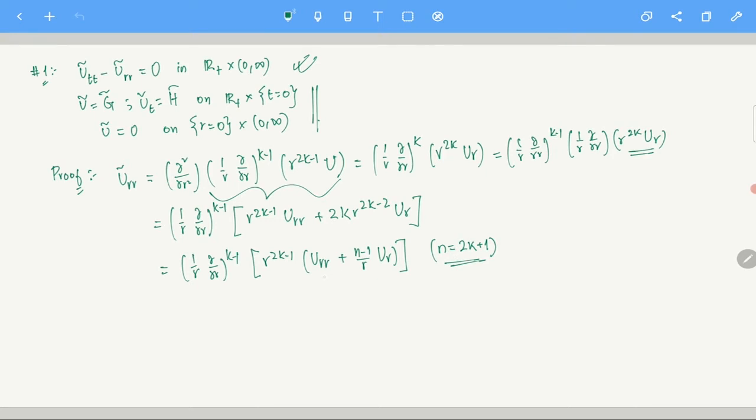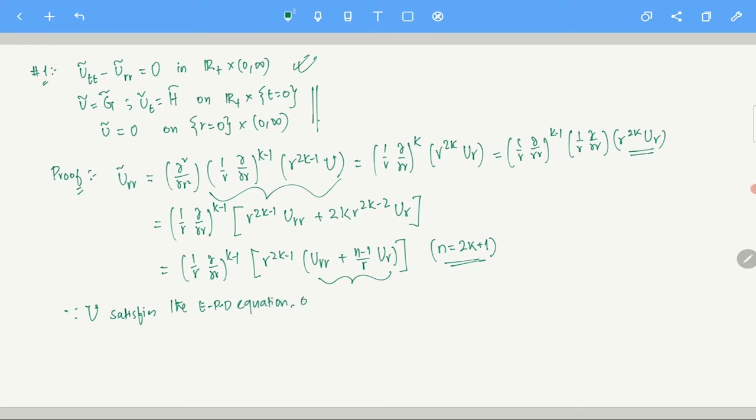Now this is our familiar equation, right? You remember this one? Capital U, not small u, satisfies the Euler-Poisson-Darboux equation.